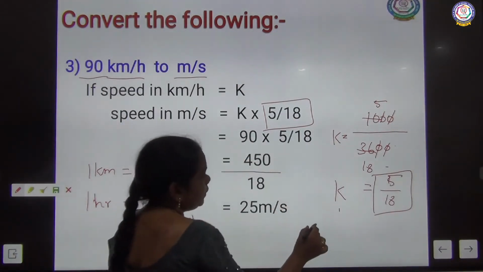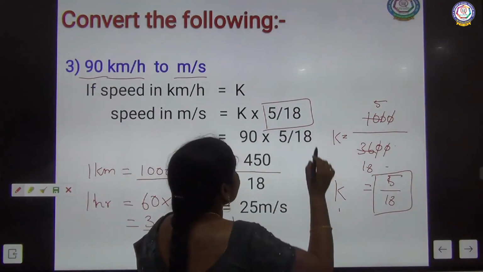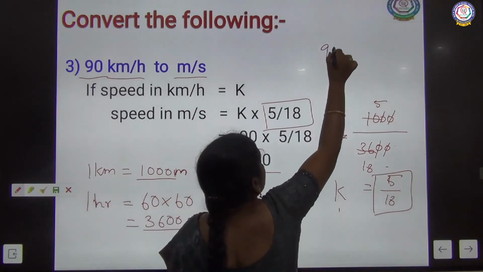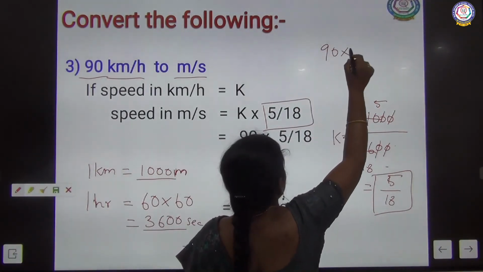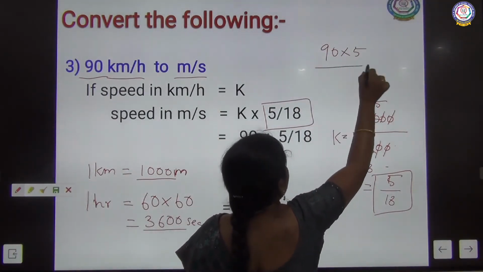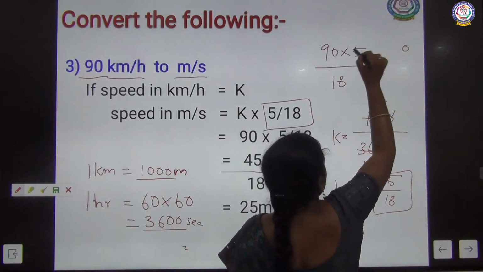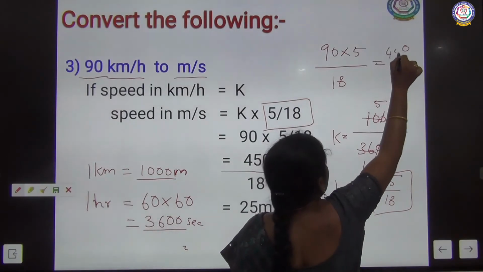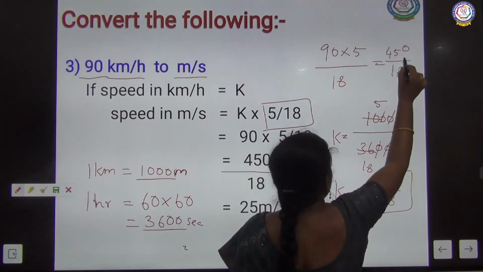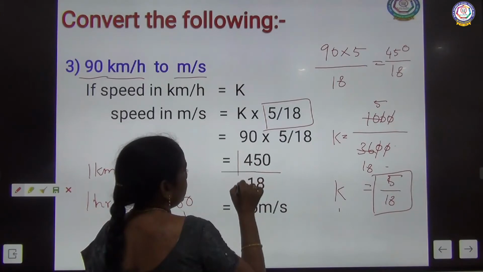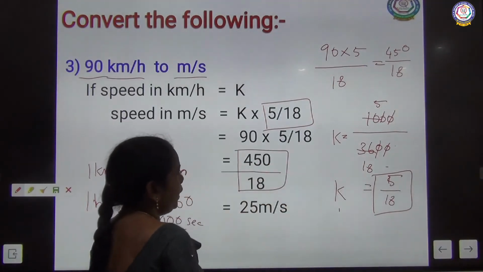If you multiply this, 90 into 5 divided by 18. So 5 into 0, 0, 5 9s are 45, so this is 450. This 450 by 18.